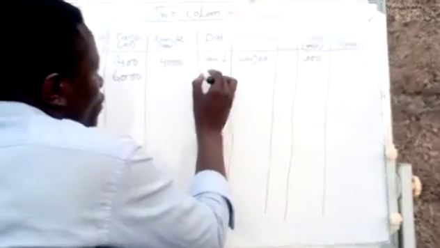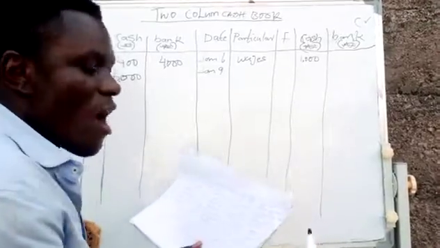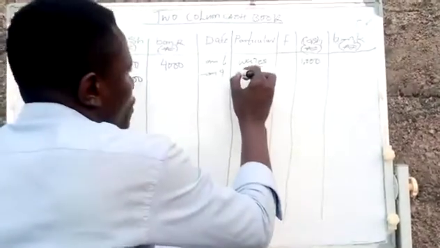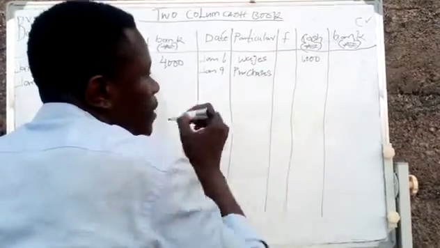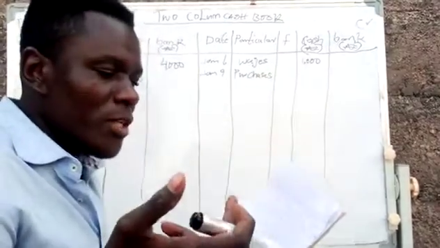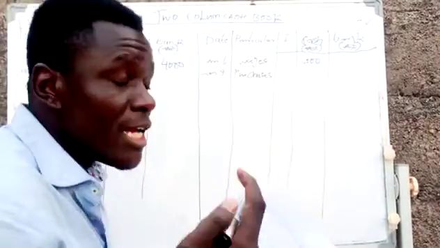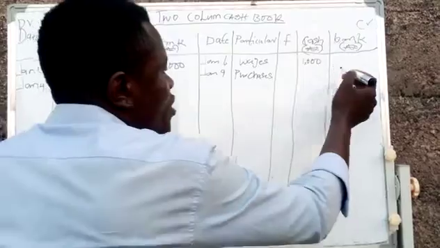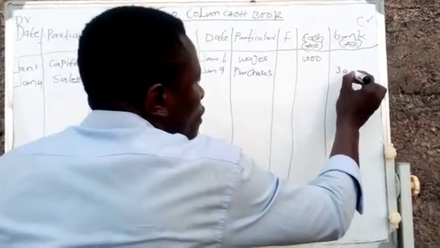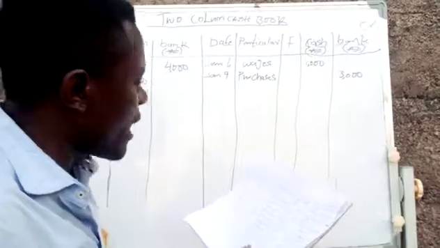Then you have purchases, purchases of goods, and the purchases of goods is with check, which means a payment. Then it's going to be under the bank column. Then you write 3,000 on the bank column. Then we go to the next question.